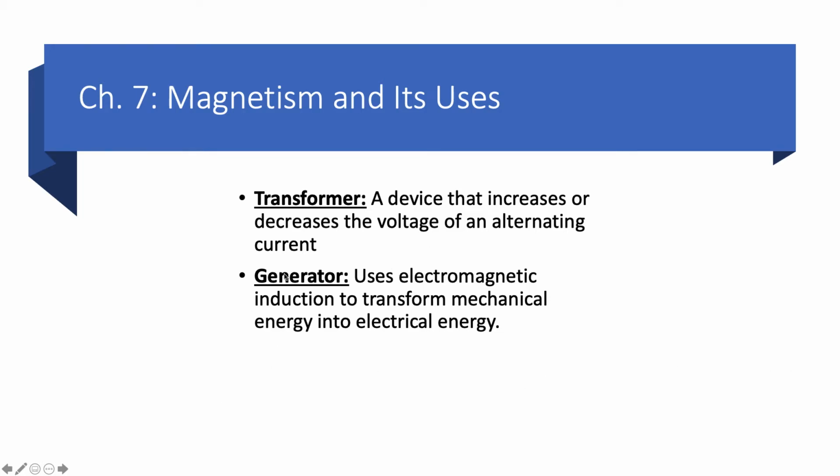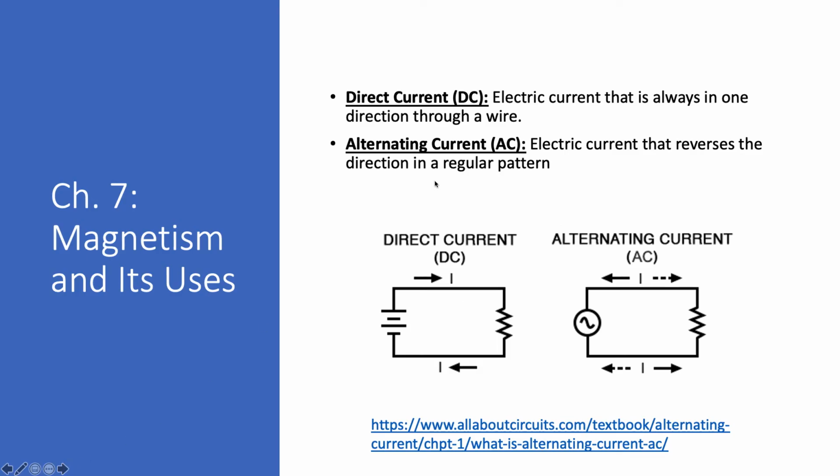Remember that we talked about this when we talked about windmills and things like that, and how important it is when you need something like a generator to convert those two energies, when you have to convert mechanical energy into electrical energy. And then a transformer is very important when we do talk about alternating current, which we will go into now.